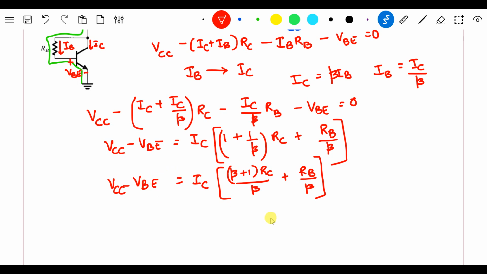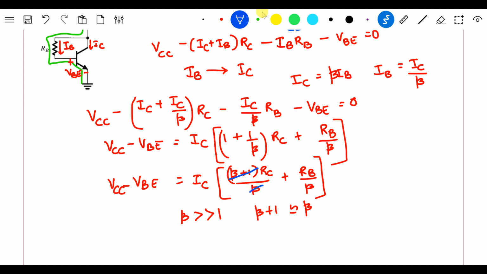Now in this case, beta is very high compared to 1. A normal transistor, for example, we have a transistor named SL100, where beta will be almost equal to 100. So beta is very high, therefore I can say beta plus 1 is approximately equal to beta, and this beta plus 1 gets cancelled with beta.